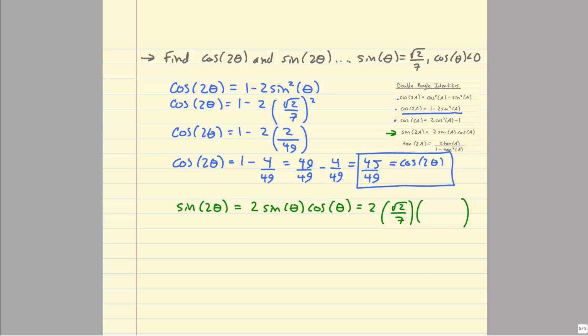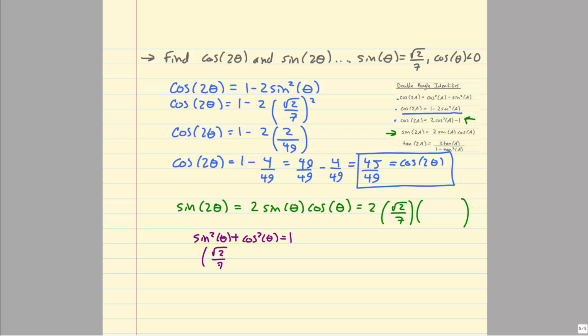Now in order to find the cosine of just theta, I could come up here because I just found the cosine of 2 theta, and I could plug into here to solve for cosine of theta. That would be an option. Another option would be to go after our Pythagorean identity of sine squared plus cosine squared of theta equals 1. Well, we were given sine of theta, so I think this would probably be our better approach.